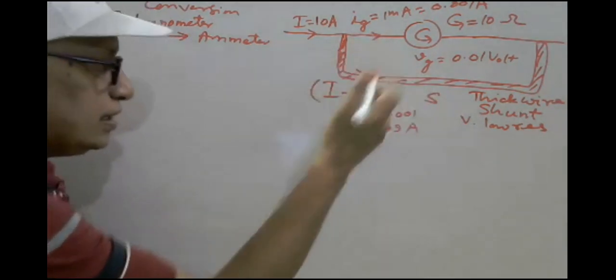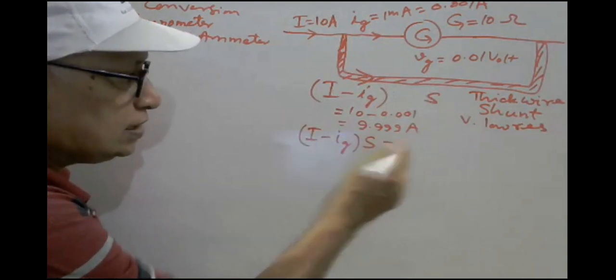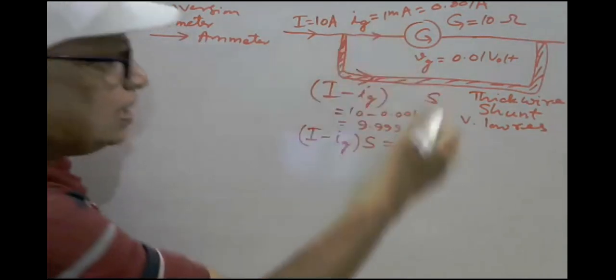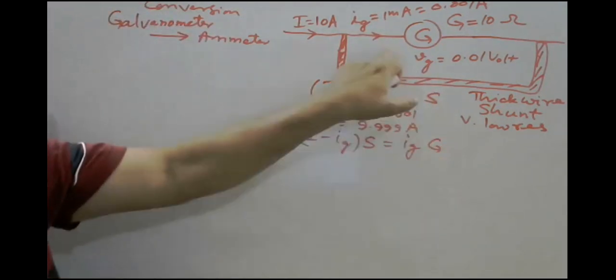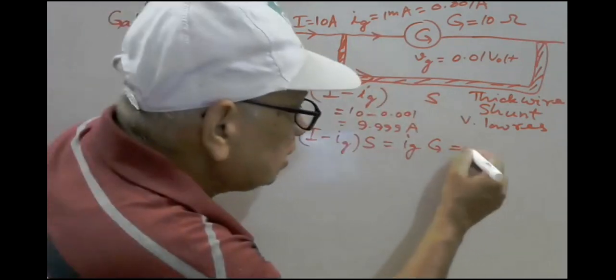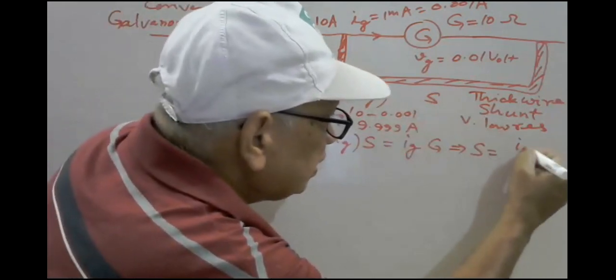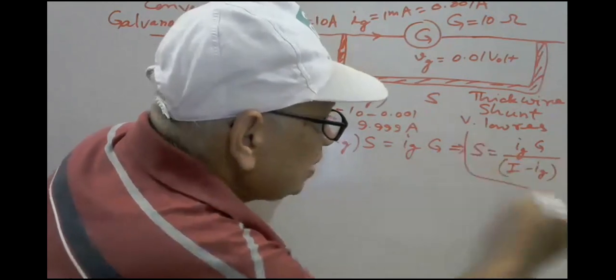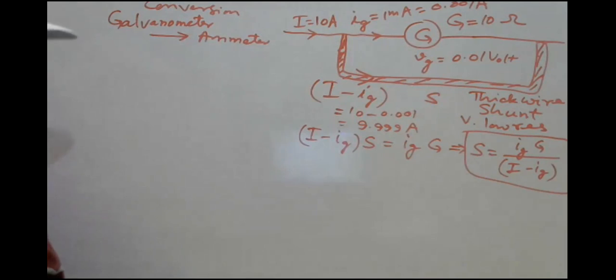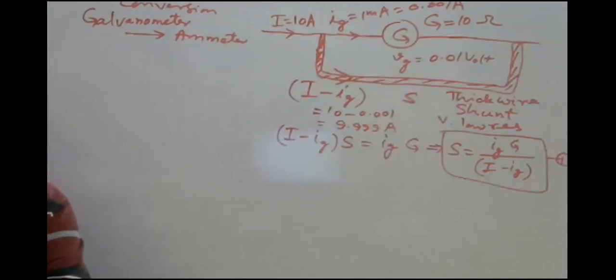Now you can equate it. So I minus Ig is the current and S is the resistance, IR is the voltage, and Ig into G is the voltage across the galvanometer coil. So we can find the unknown shunt resistance, S equals Ig G upon I minus Ig. With this formula we can find the shunt resistance.